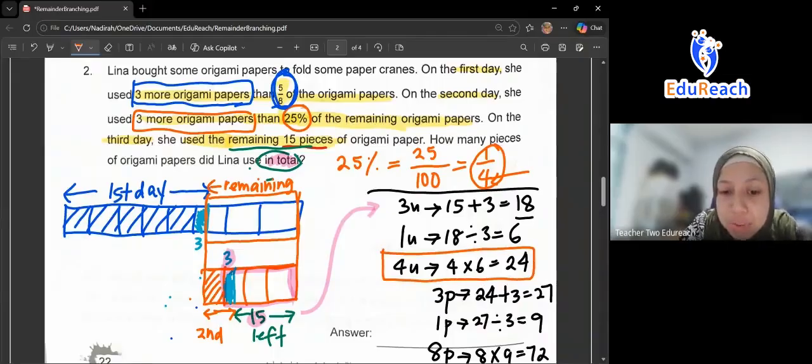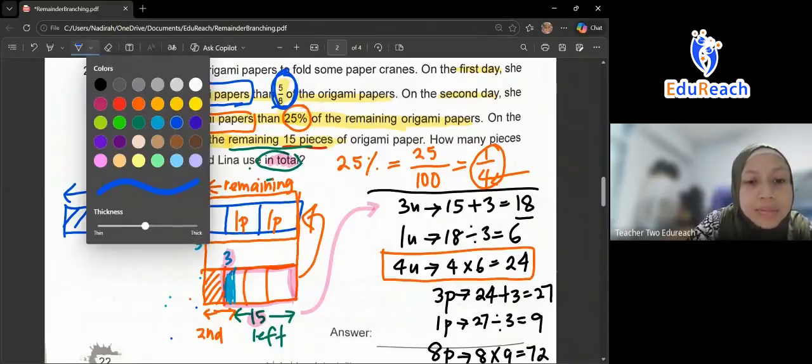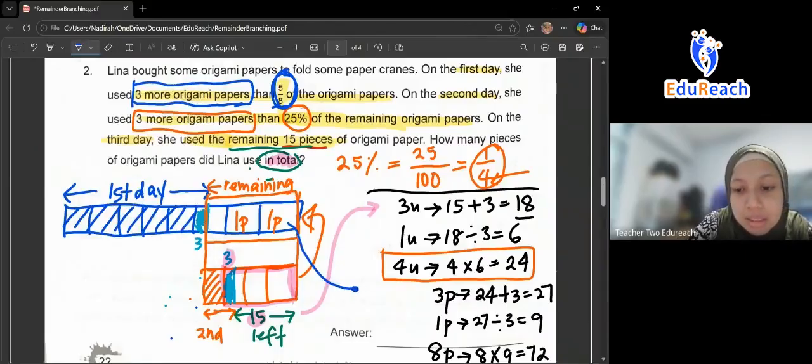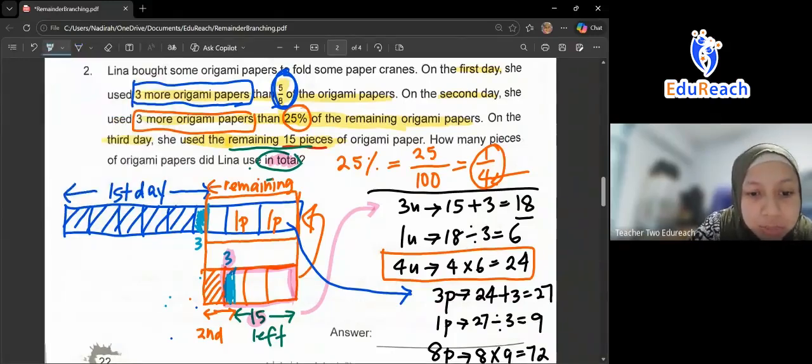Then these 4 units, I connect it to the top model. The top model was showing me just 1, 2, then a part of the third part, isn't it? So again, for that section, it is 3 parts and you have to add another 3.